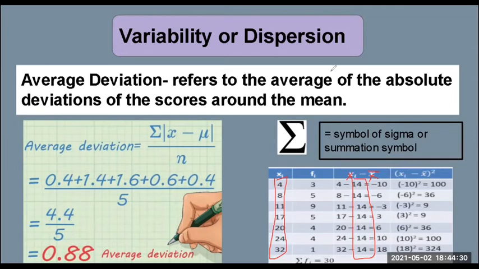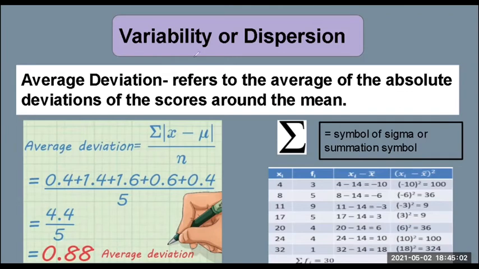So let's try to get our average deviation. So we have negative 10 plus negative 6 plus negative 3 plus 3 plus 6 plus 10 plus 18.